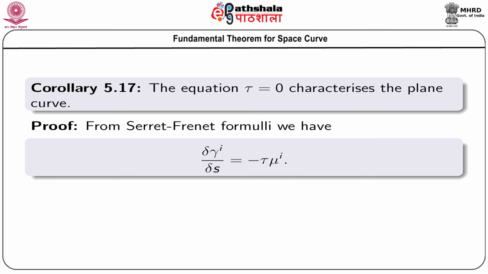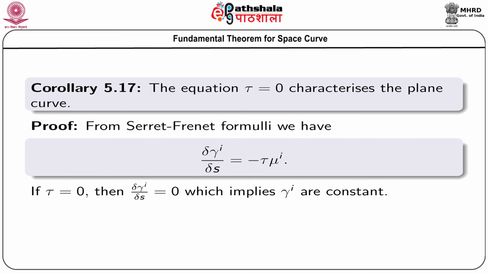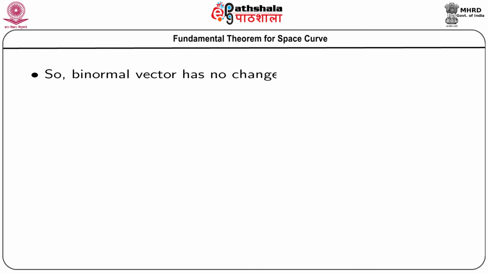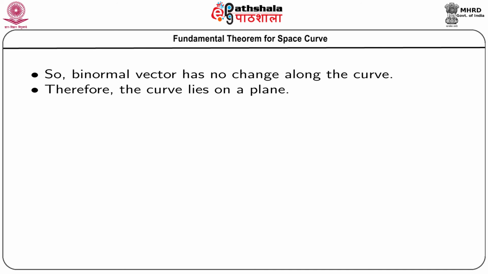This is the third Serret-Frenet formula. Now, if tau equals 0, then del gamma I del s equals 0, which implies gamma I is constant. So, binormal vector has no change along the curve. Therefore, the curve lies on a plane.